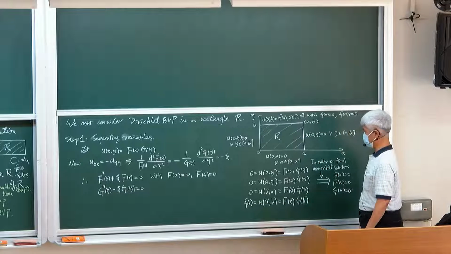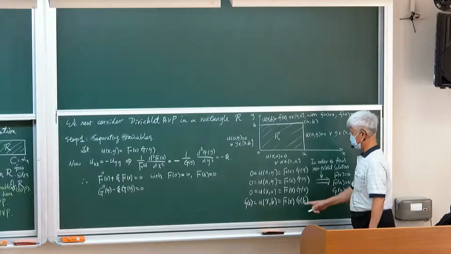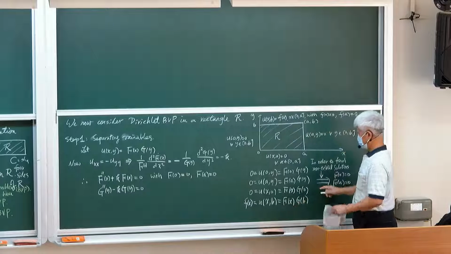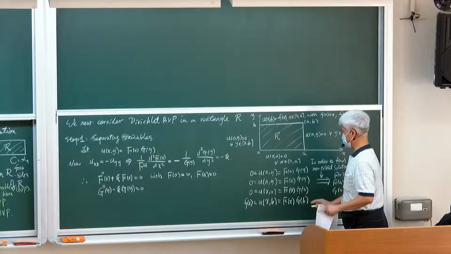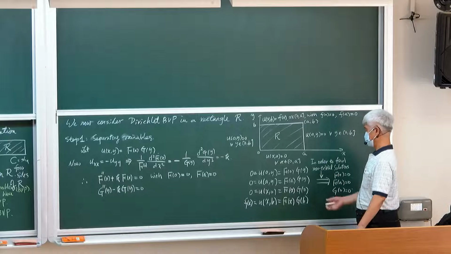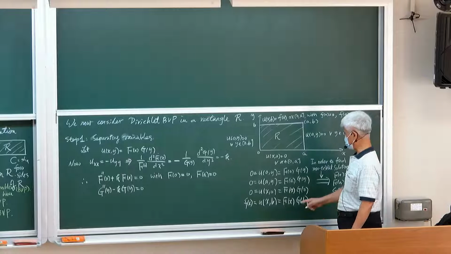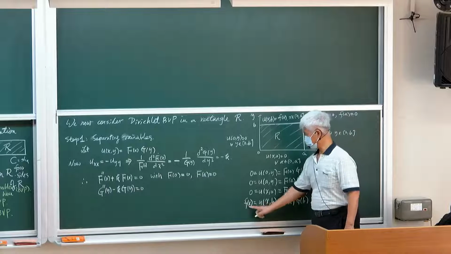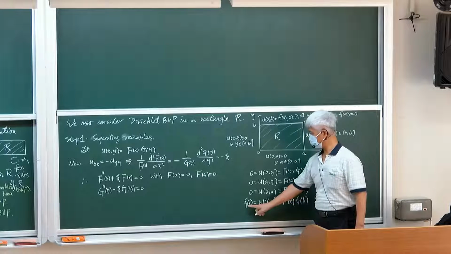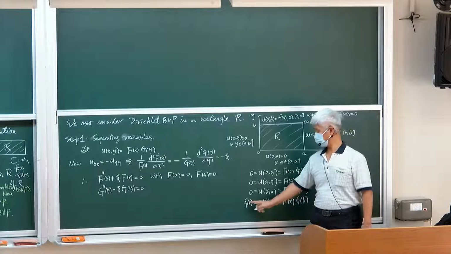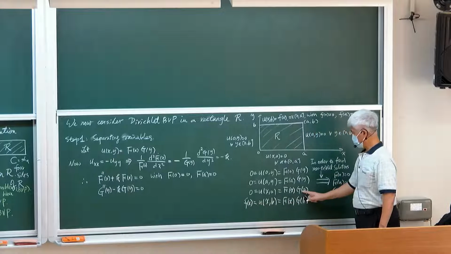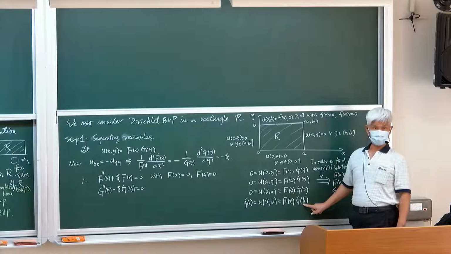As we will see, G(b) is just a constant. So that means that the big F(x) and the little f(x) are proportional to each other. So G(b) can be arbitrary at this moment.